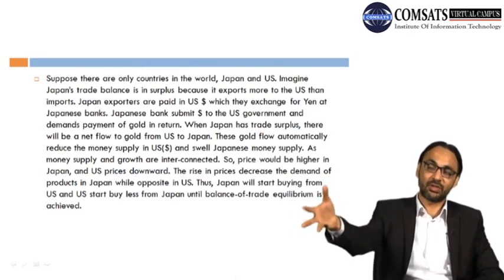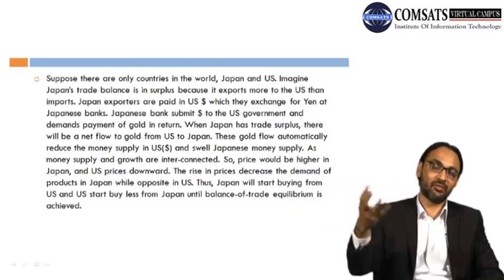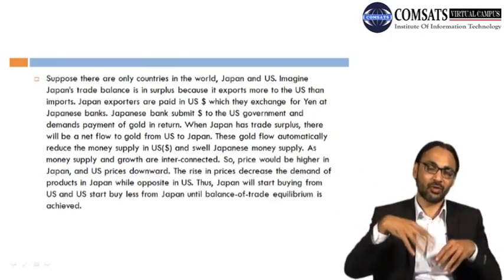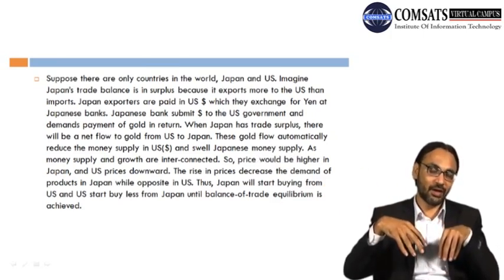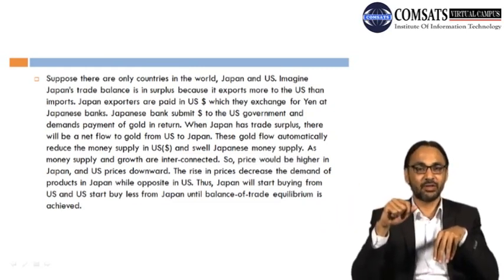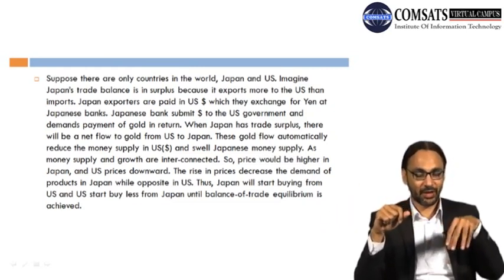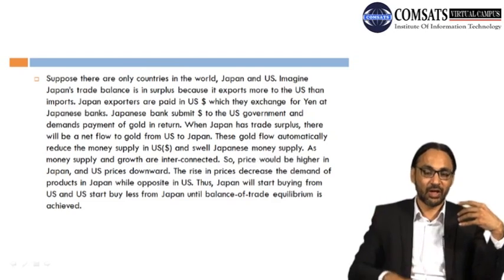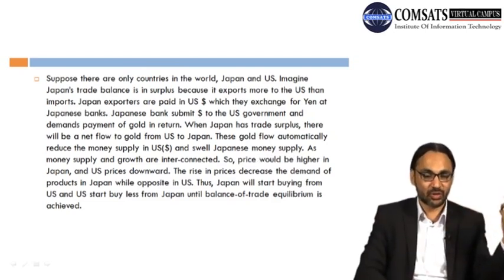Japanese banks collect those US dollars from the exporters and pay yen to those exporters. Then they submit these dollars to the US government and demand payment of gold in return.